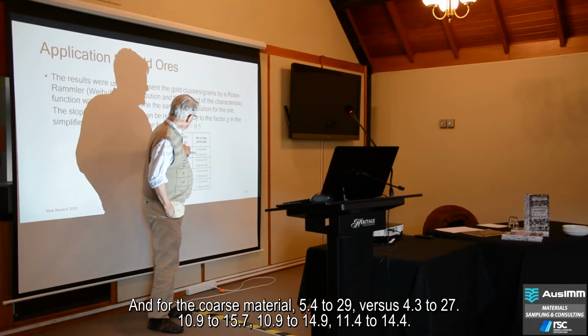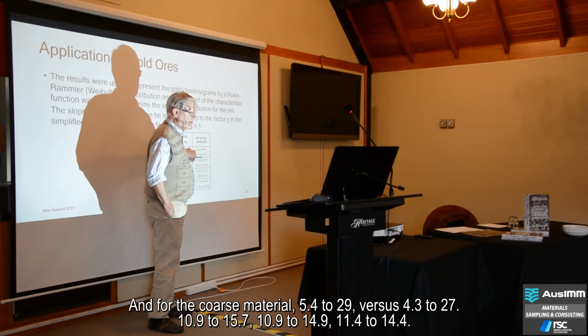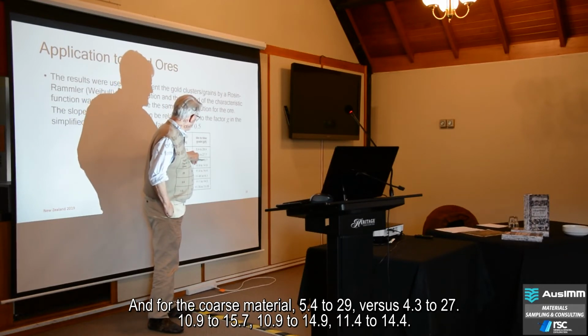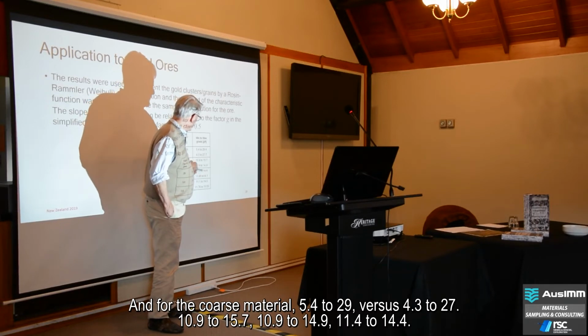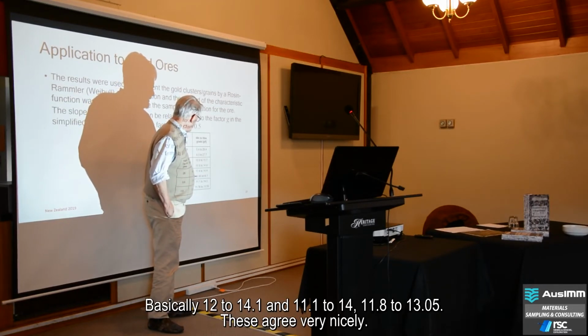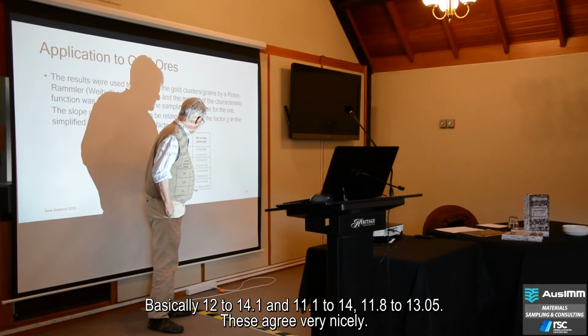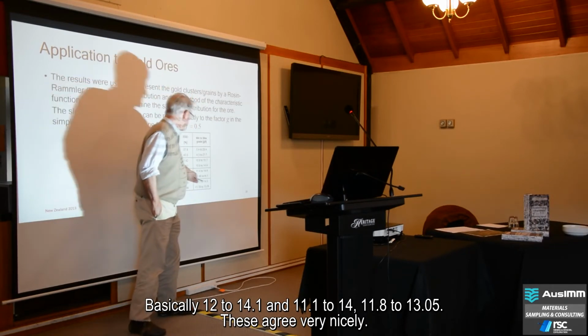And for the coarse material, 5.4 to 29 versus 4.3 to 27, 10.9 to 15.7, 10.9 to 14.9, 11.4 to 14.4, basically 12 to 14.1, and 11.1 to 14, 11.8 to 13.05.